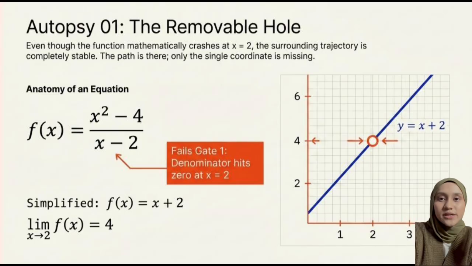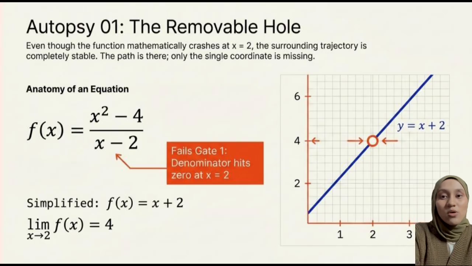Autopsy 1, the removable hole. For the first graph, we can see a removable discontinuity, also known as a hole. The function given is f(x) = (x squared minus 4) / (x minus 2). When x equals 2, the denominator becomes 0, so the function is undefined at that point. However, we can simplify by factorizing x squared minus 4 into (x minus 2)(x plus 2).